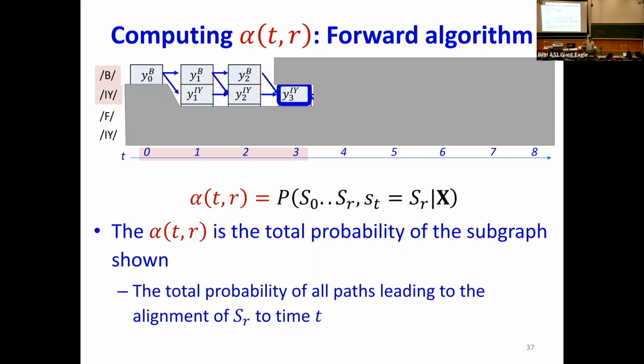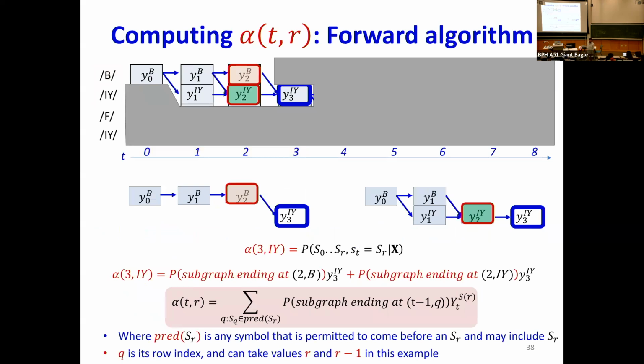Now, how do I compute that? Can anybody tell me? Can anyone take a guess? Yeah. You need recursion, right? The node at 3E can only be arrived at either from the pink node or the green node. Those are the two parents, right?